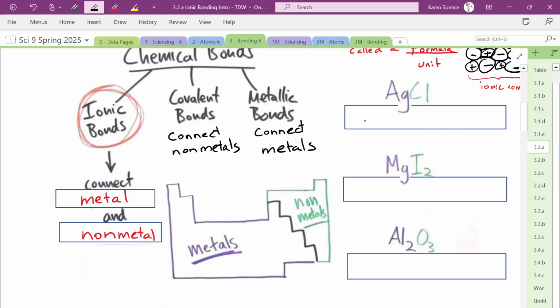So Ag is silver, and do you remember that cations do not change their name? It just keeps its name, silver, but for anions, the ending changes to ide, so that's going to be chloride. Mg, who is Mg? Magnesium. And as an ion, it is still called magnesium, but iodine changes its name to iodide.